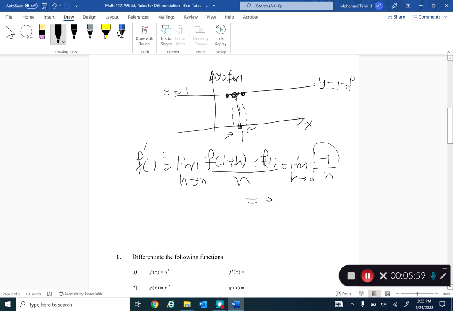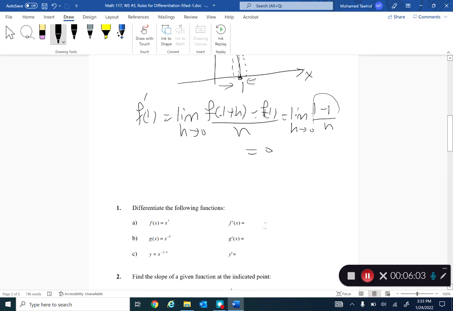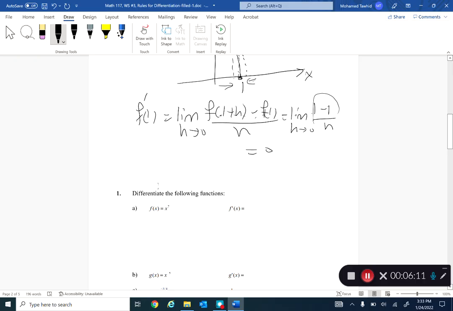All right, so let me give you some examples to solve for this sheet here. What is your f of x here? x to the power 7. So I need to take the derivative. If f of x equals x to the power 7, what is your n here, guys? My n here is 7.